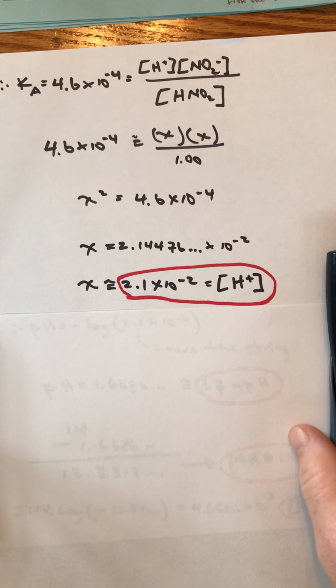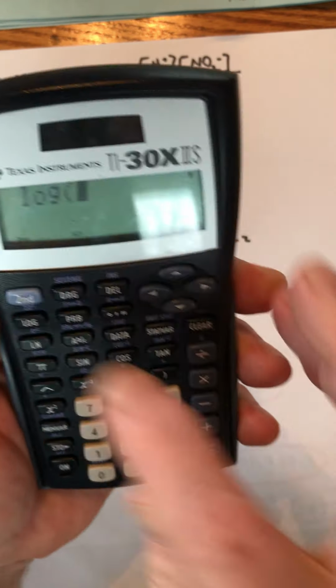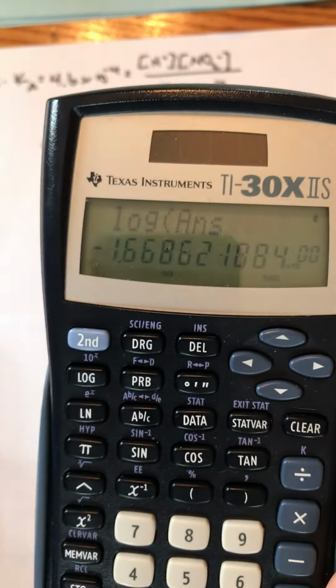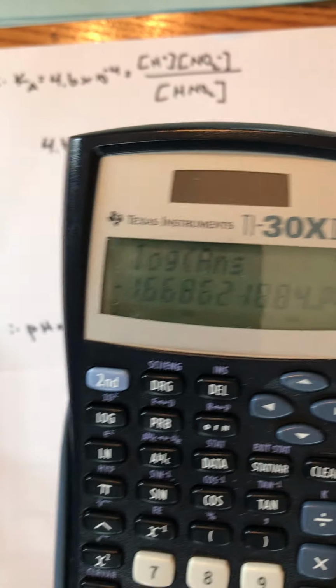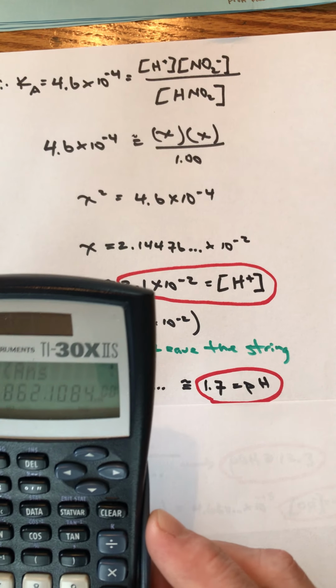All right, so if I take the log of that, I could get pH. So I'm going to go log, second answer, enter. And I get negative 1.668 and so on. Leave that string in your calculator. But that's about 1.7. Ignore the negative, because negative of a negative, get rid of it. So my pH is roughly 1.7.